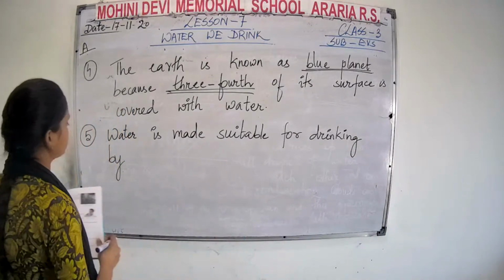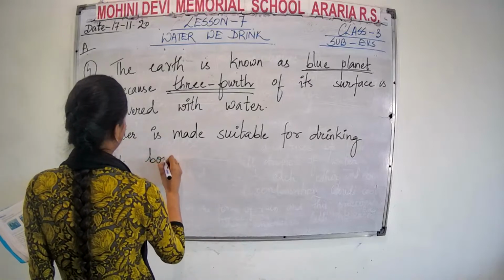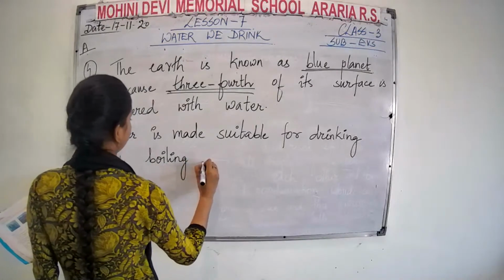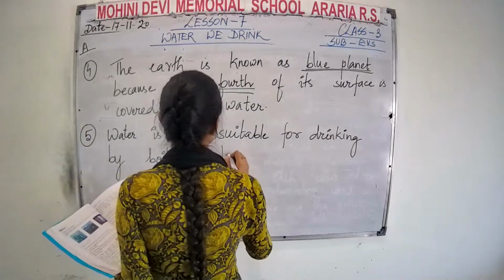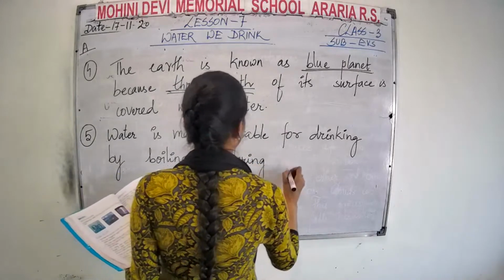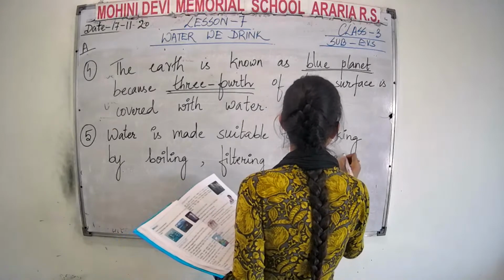What are the three processes? You see. First one is by boiling, then filtering and purifying.